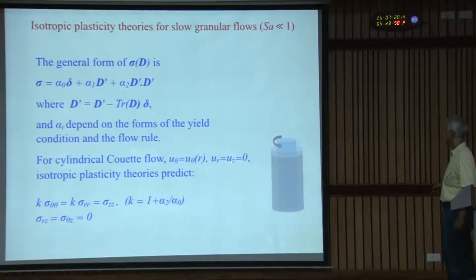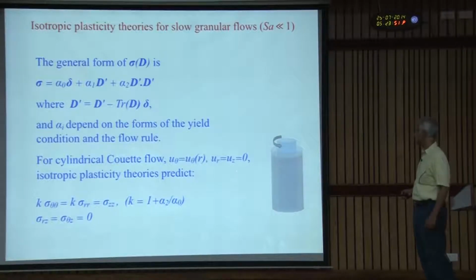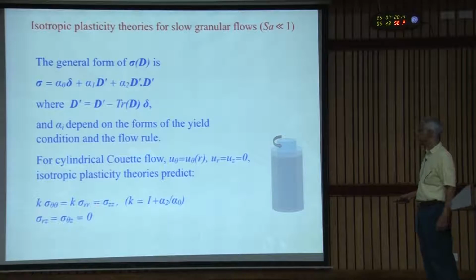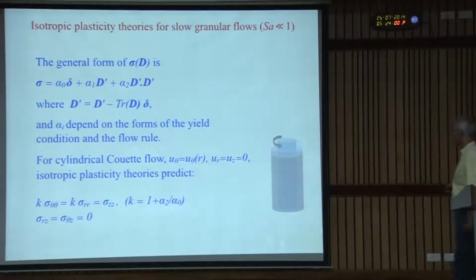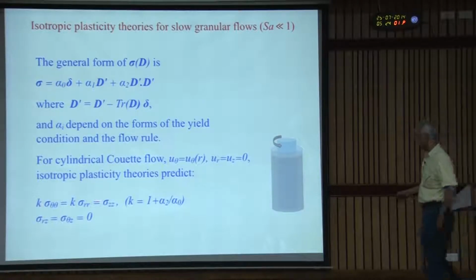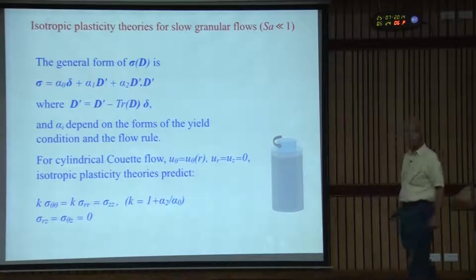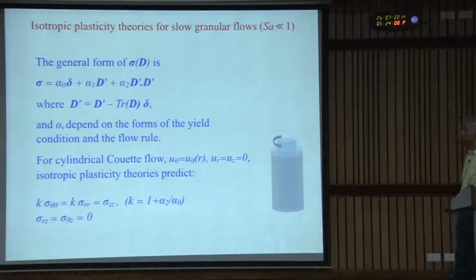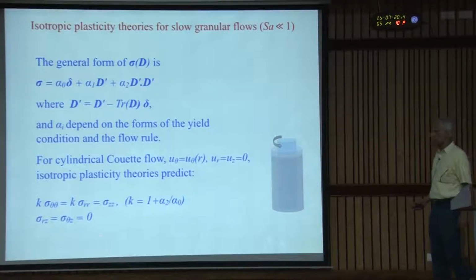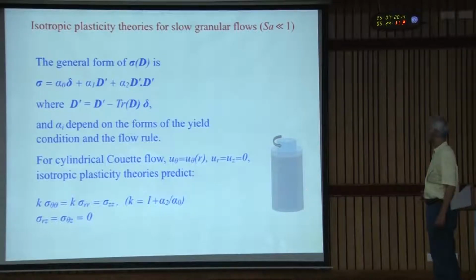The radial and vertical velocities are 0. Then you get the prediction that the stresses are constant. I'm sorry, they're not all equal, but they're related to each other through this constant k. Okay, and this vertical shear stress is 0.